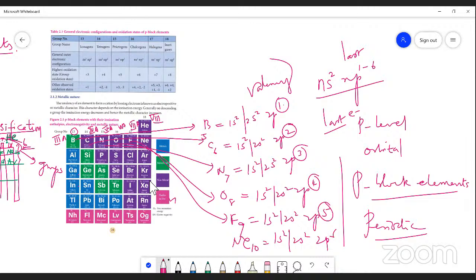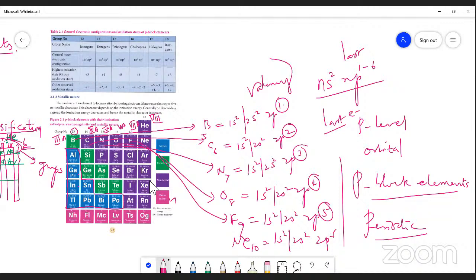There is a point we should understand here: the elements which are represented in blue colors are all metals. You please understand, except boron in the 13th family, all others are metals.